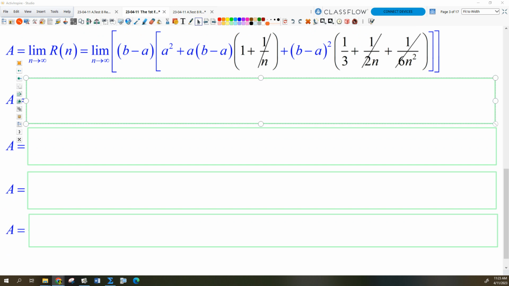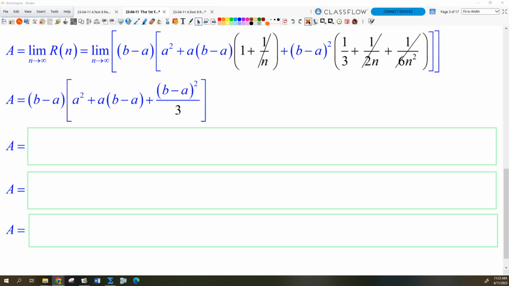So when all the dust settles, that's all that's left behind, right? I just get a 1 from that factor. So I get a squared plus a times the quantity b minus a times 1 plus b minus a quantity squared times 1/3. That's the same thing as being over 3.